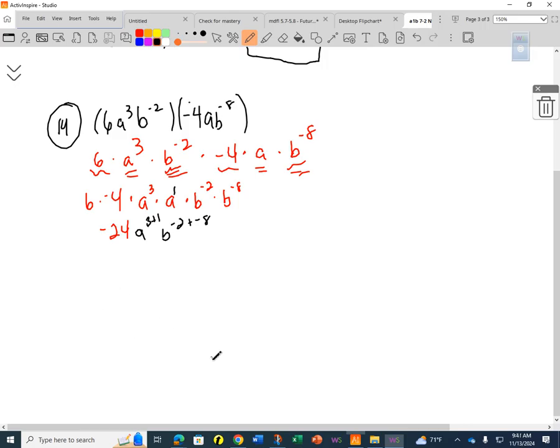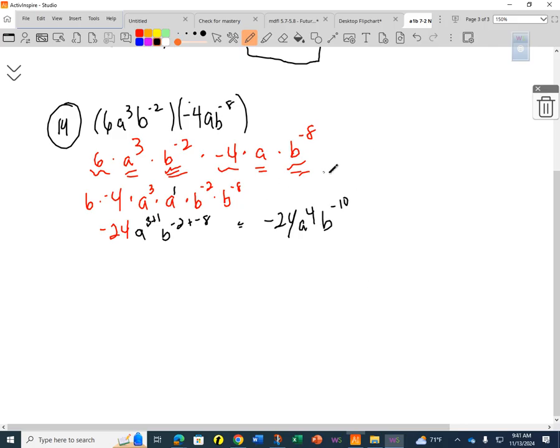Any questions about here? All right, so now we're going to simplify that. It's going to be -24a to the 4th power times b to the -10th power.